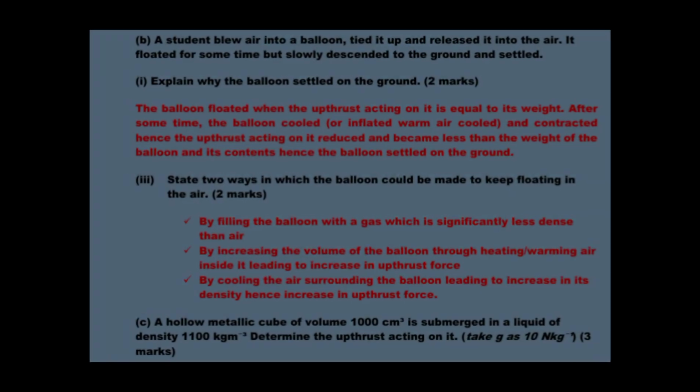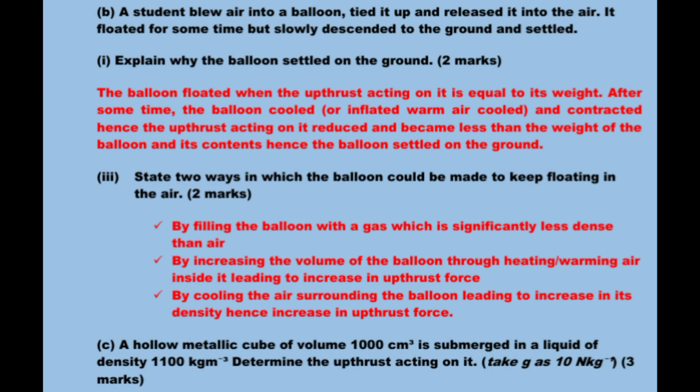Let's go to part B. A student blew air into a balloon, tied it up, and released it into the air. It floated for some time, but slowly descended to the ground and settled. Explain why the balloon settled on the ground. So this balloon is filled with air, and then it rises.